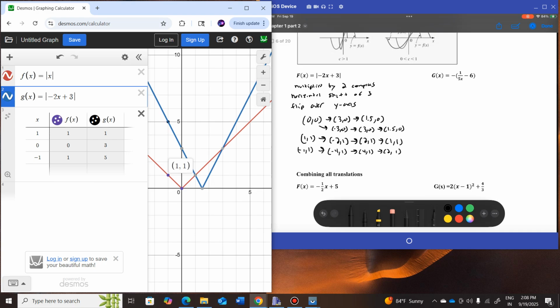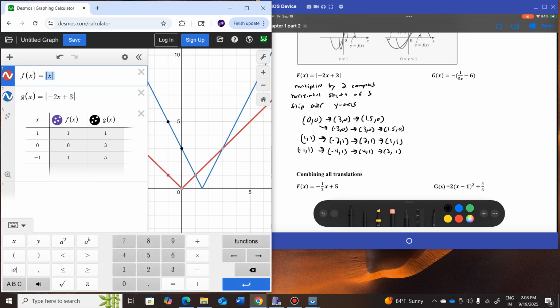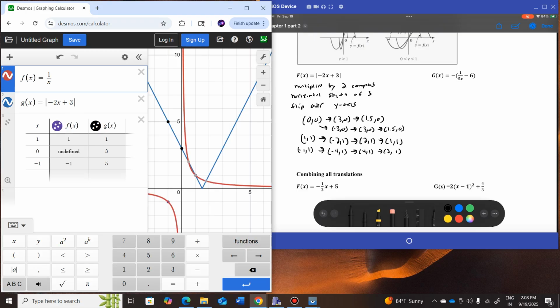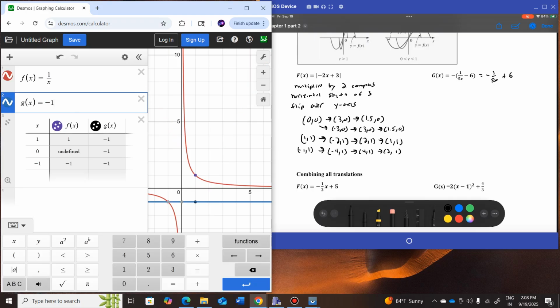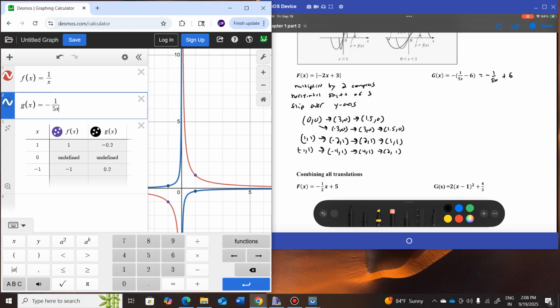Okay. So now the next one, so we'll look at this 1 over x and compare it to, before I put this in, I'm going to distribute that negative sign. One divided by 5x plus 6.